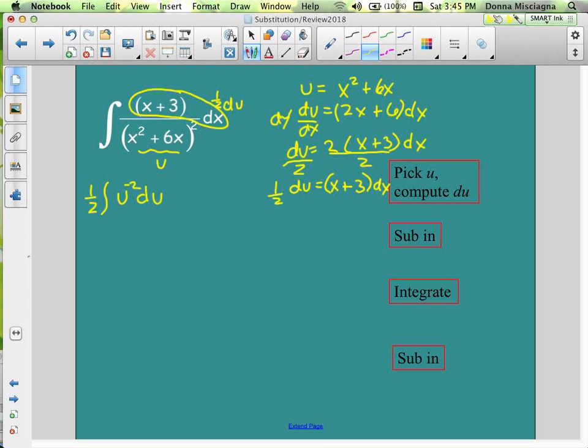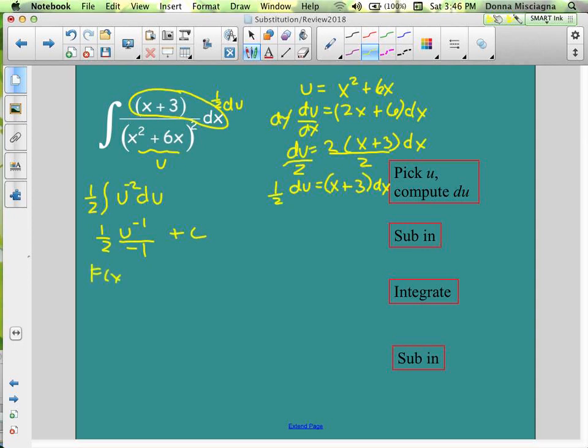All right, so now let's integrate and substitute. I mean it this time. 1/2 u, so we're going to increase the -2 by 1, so that would be -1, and we'll divide by the same thing, plus c. All right, and so now let's do the substitution.